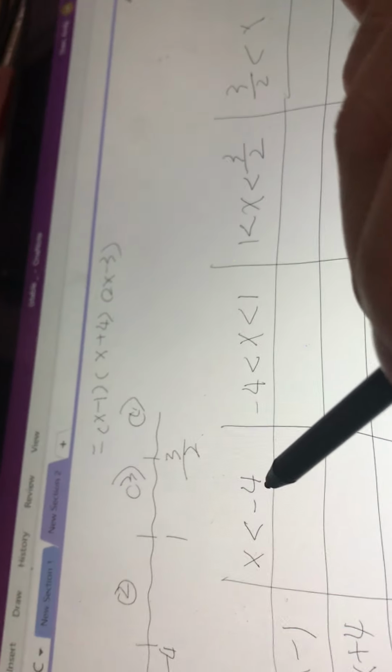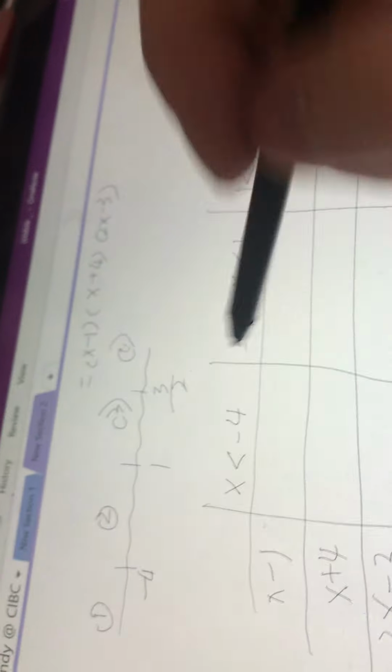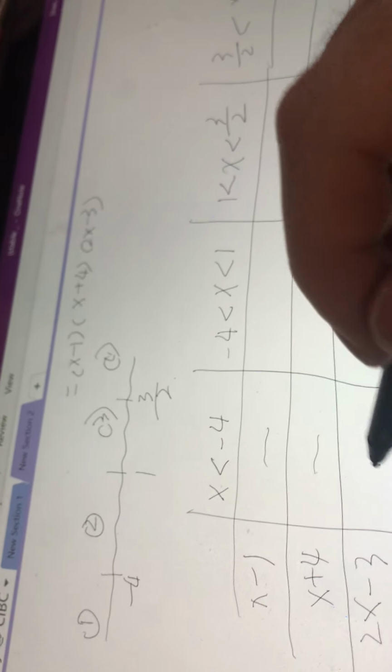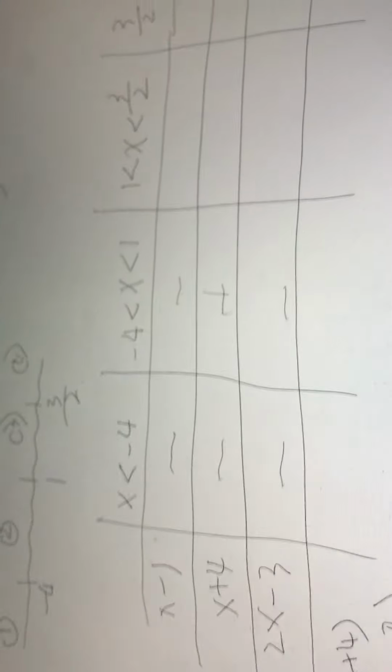Then here says x should be smaller than negative 4, right? You just give x any number you want. For example, you give x negative 5. And you plug into this, you see when x is negative 5, this one is negative, this one is negative, this one is also negative. From negative 4 to 1, you can simply try 0. So once you try 0, here is negative, positive, negative.